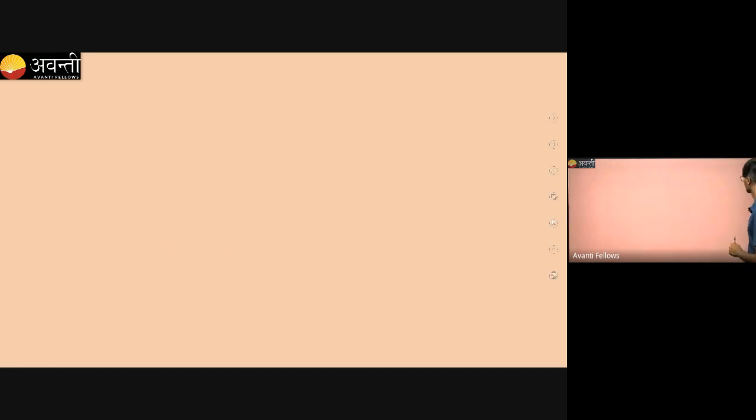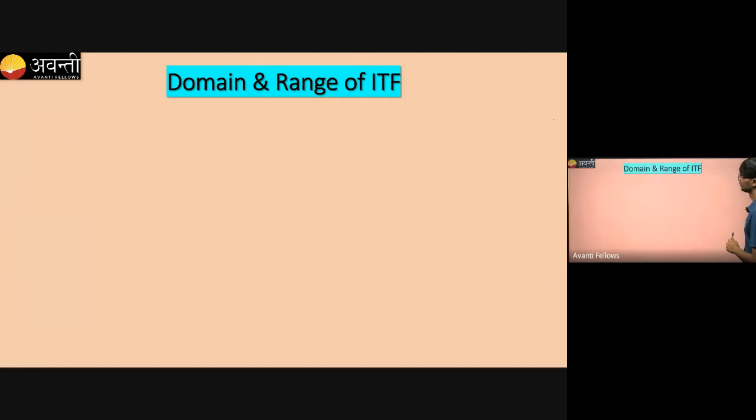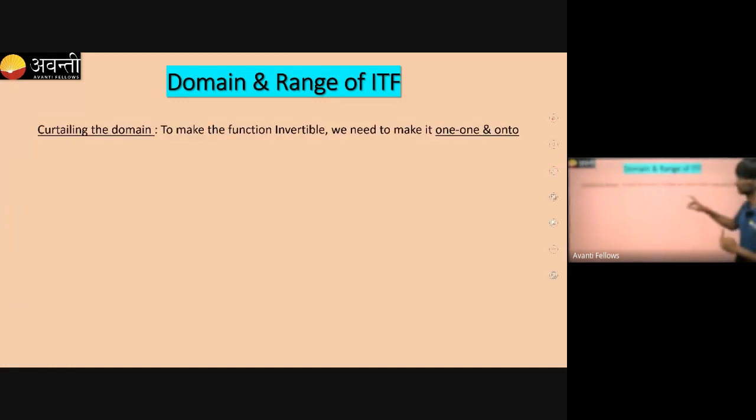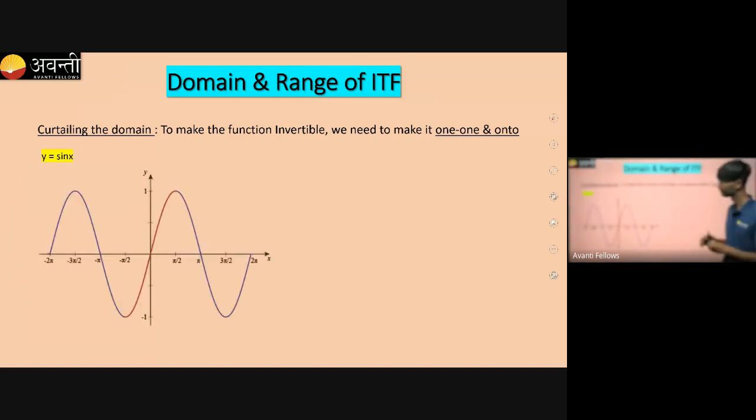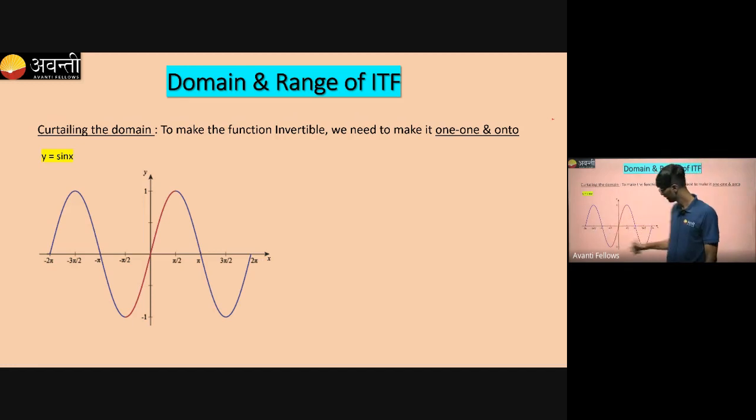See, domain and range. First, let us see the domain and range of y equals sin x. This is what we talked about, curtailing the domain. For y equals sin x, we have the domain like the whole real number line. It goes on and on and on.